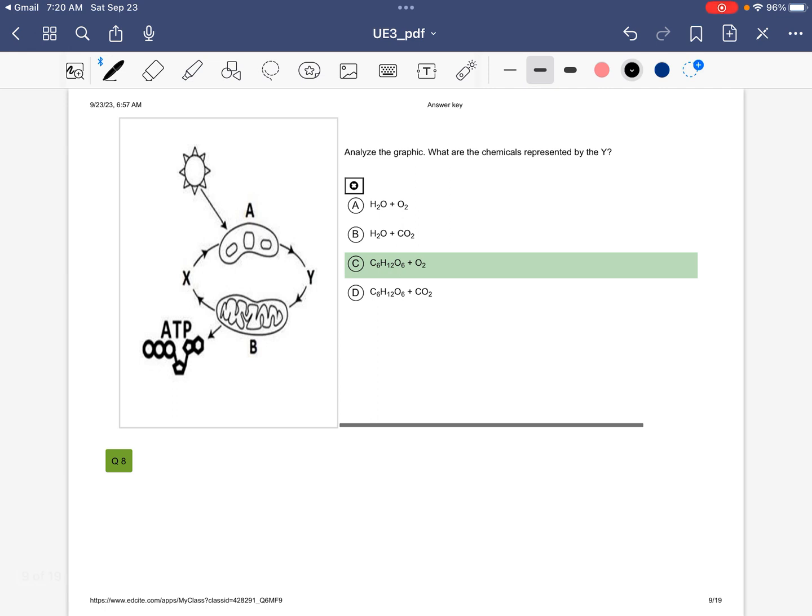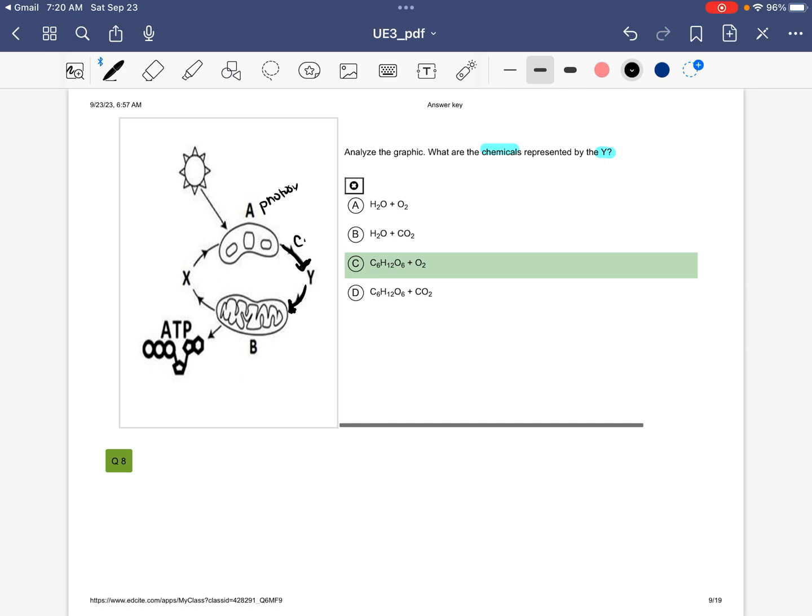So what are the chemicals represented by Y? So when they're telling you chemicals, we know that is your chemical buildup with your elements, and it's asking for Y specifically. So we already said this was our photosynthesis, right? And then what comes out of photosynthesis and into cellular respiration, right?